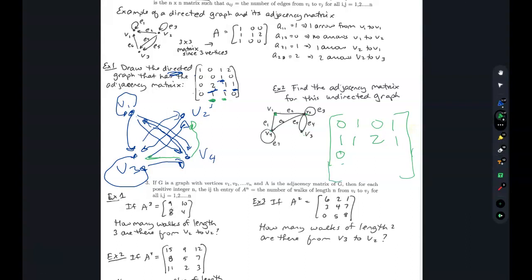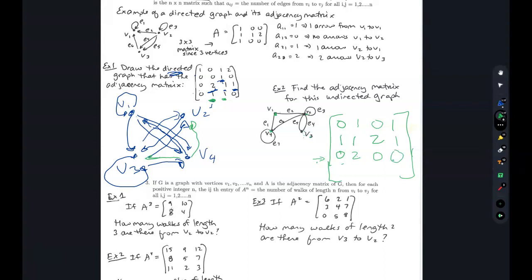And V3 to V1, there's no, wait a second. I'm doing the wrong one again. Okay, so I'm doing V3 to V2. There's 2 edges there. And then V3 to V4, there's no edges. Okay, so that's a 0 as well.